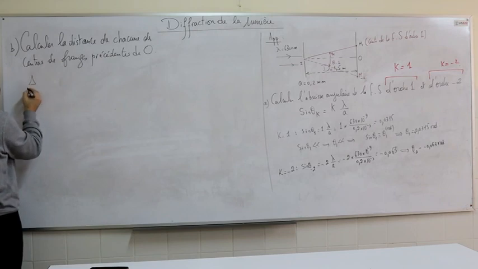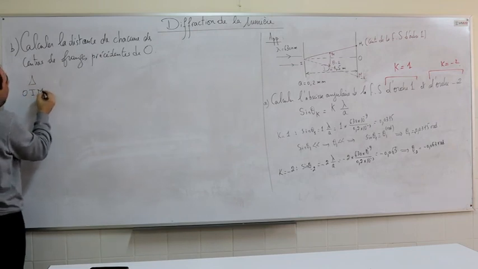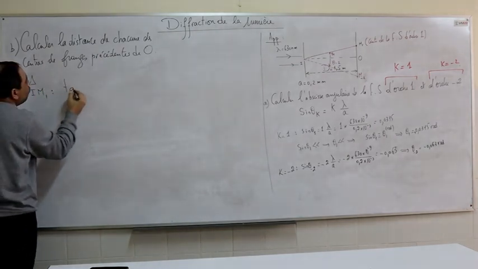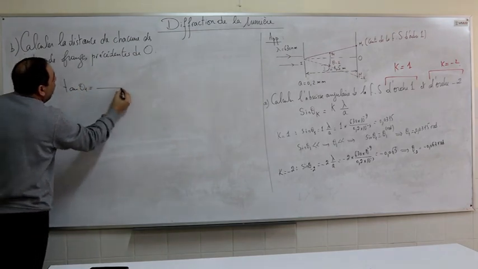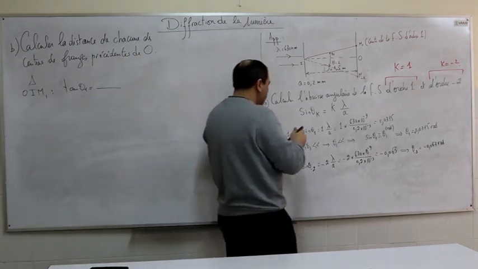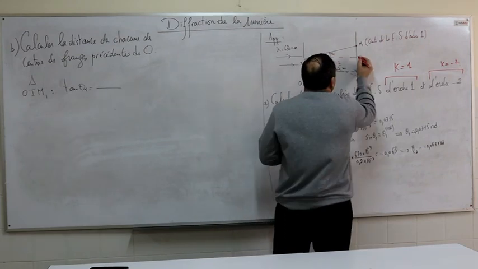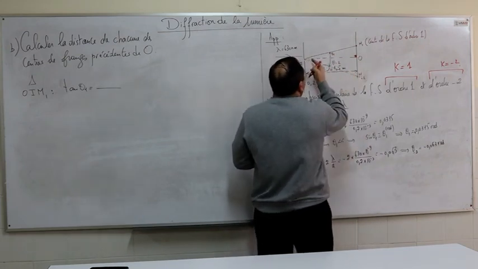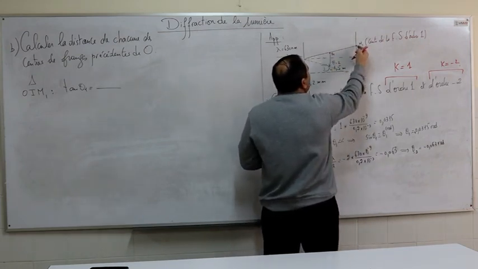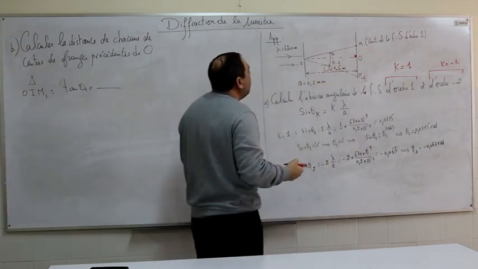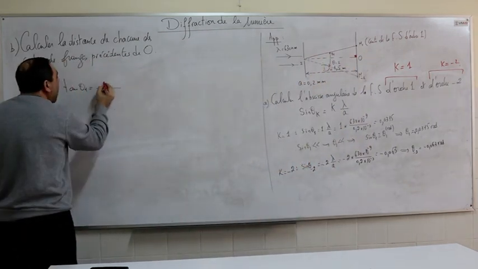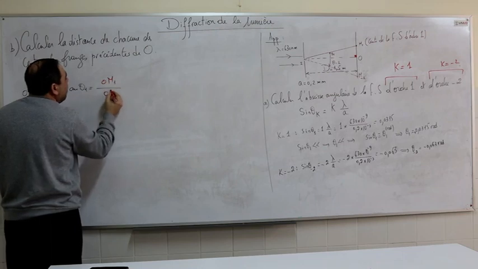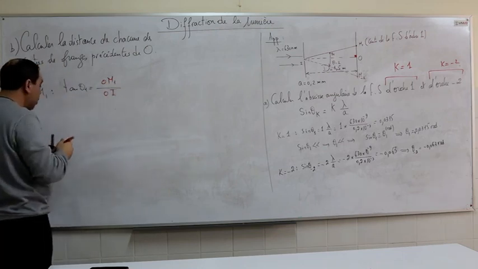In triangle OIM1, right at O, tangent theta 1 equals OM1 over OI.